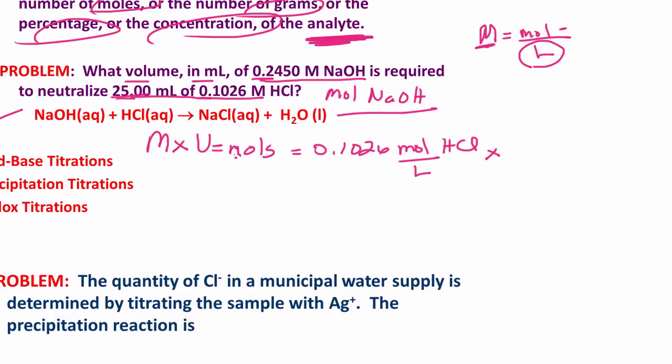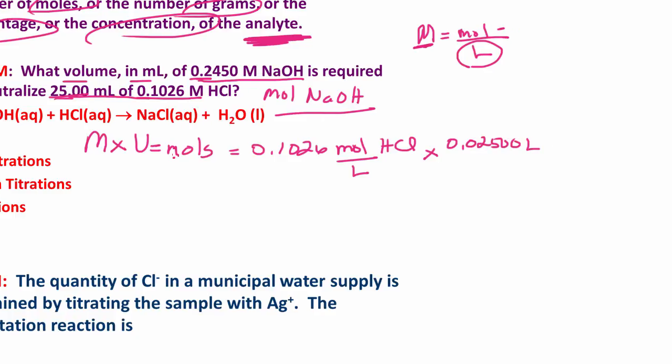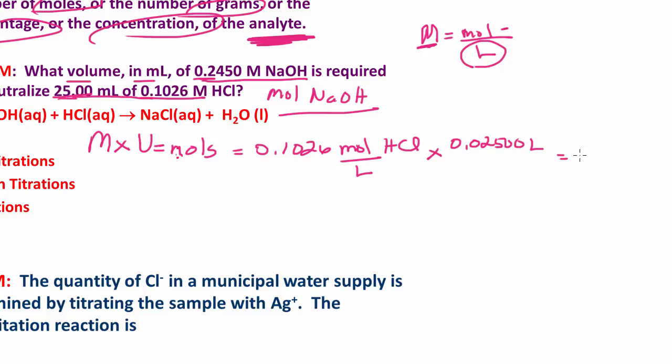And of course, we have to convert 25 milliliters to liters. That'd be 0.025 liters. And then let's go ahead and determine the number of moles of that acid that is reacted. So we have 0.1026 times 0.025.